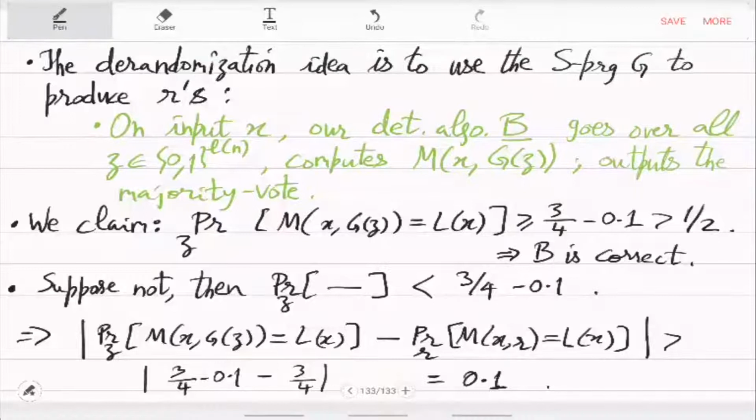So, this means that M is able to distinguish between Z and R. That should be a warning sign. The way we define G, nothing should be able to distinguish its output from random, but here it seems that there is a distinguisher. To make this formal, you have to talk about a circuit, because SPRG was defined by a circuit. M is not a circuit, it is an algorithm. So, let us make it into a circuit.